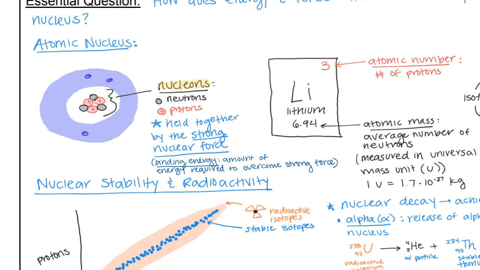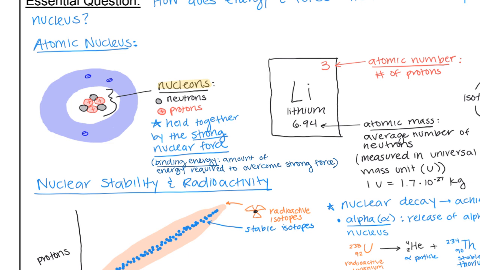We talked about in one of our other videos how they are held together by the strong nuclear force. Thankfully, we have a very, very strong force, which we literally call the strong nuclear force, holding the nucleons in our atoms together, preventing them from breaking apart.